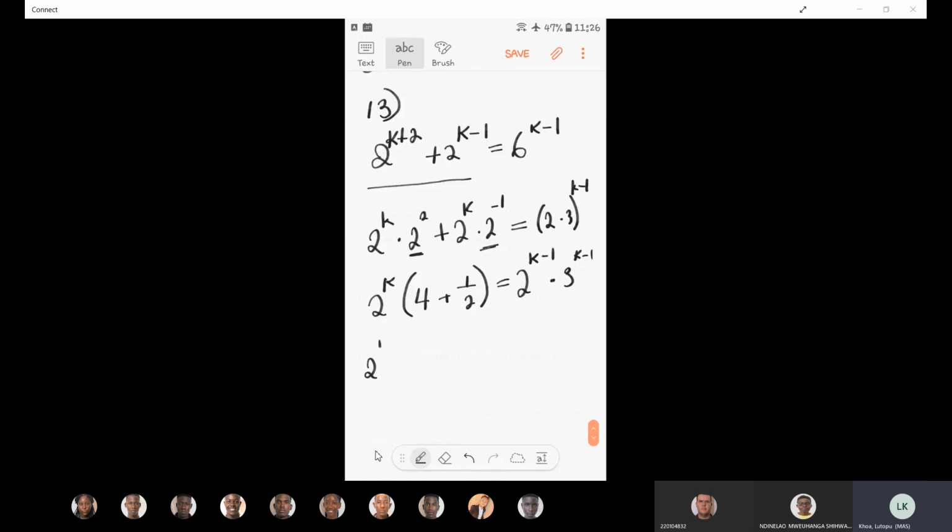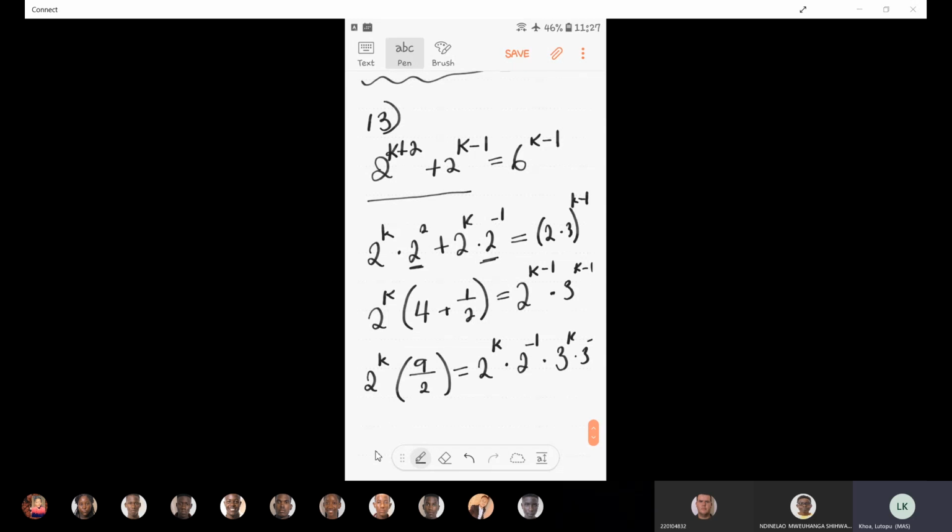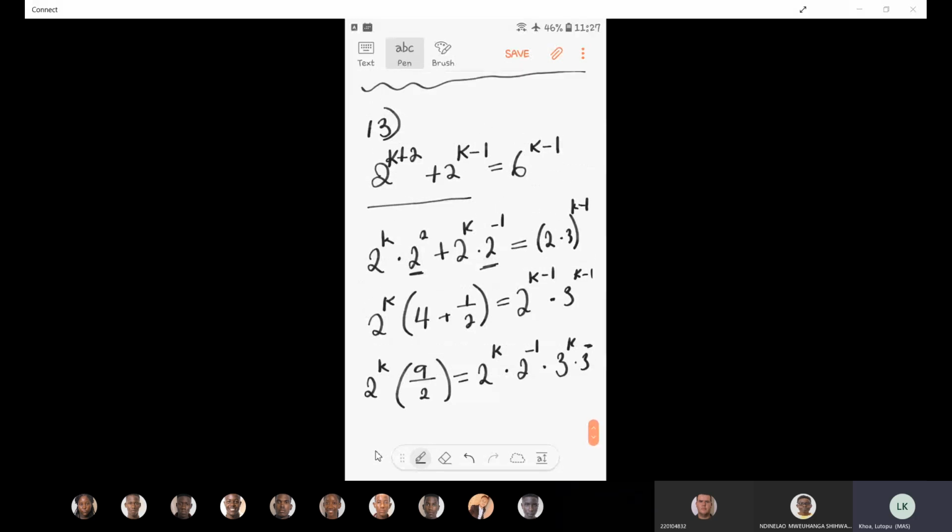Okay, and then we split the way we always do. This is 2 to the power of k. Now 4 plus half, that is just 9 over 2. I'll write it like this, 9 over 2. And then on the right hand side, I have 2 to the power of k times 2 to the power of minus 1. Then I will say 3 to the power of k times 3 to the power of minus 1. Okay, so let me not split it then.